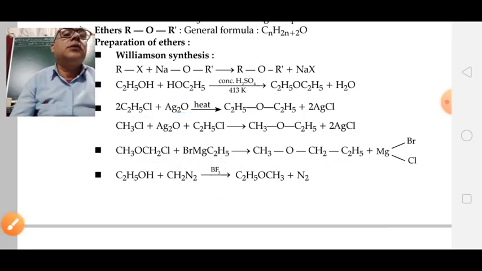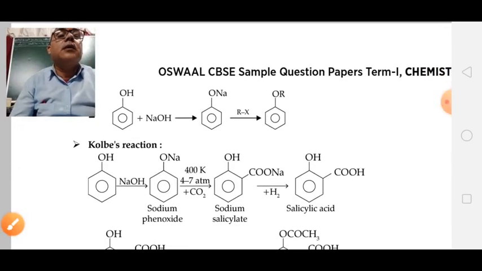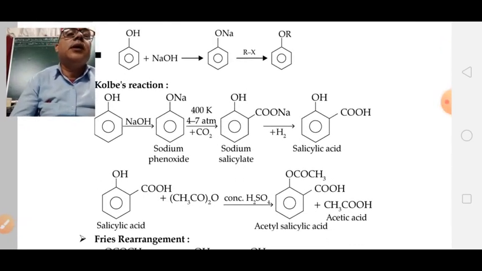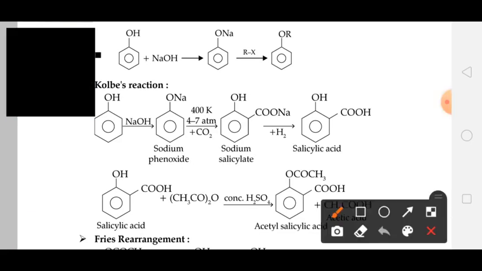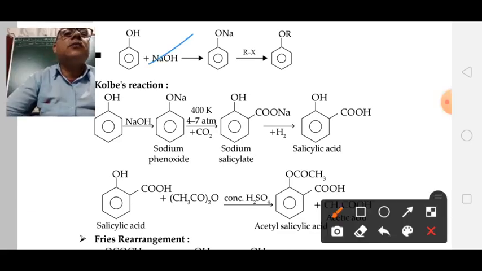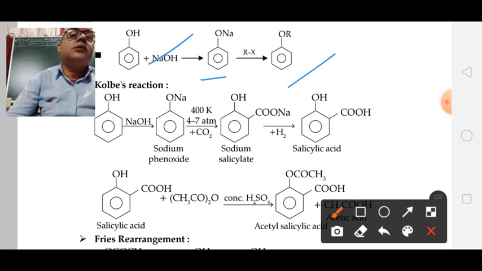Now see, here is the method for preparation of aromatic ether. Phenol reacts with NaOH to give sodium phenoxide, which on reaction gives anisole.